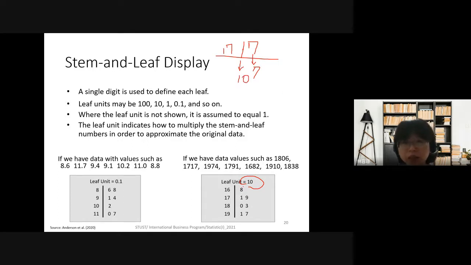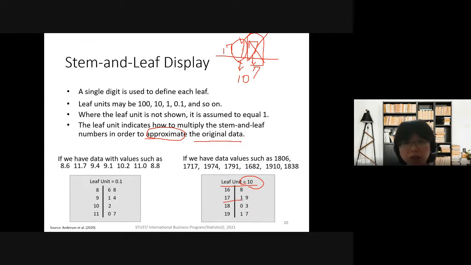That means your unit will be calculated from here. If the digit is less than the unit, for example this 7, we will neglect it. So you can express such a result in your stem and leaf, and it approximates the original data.